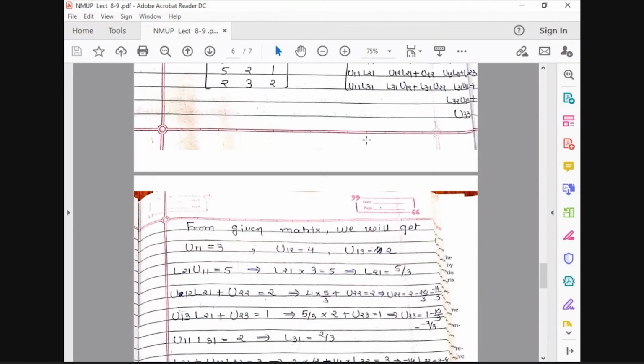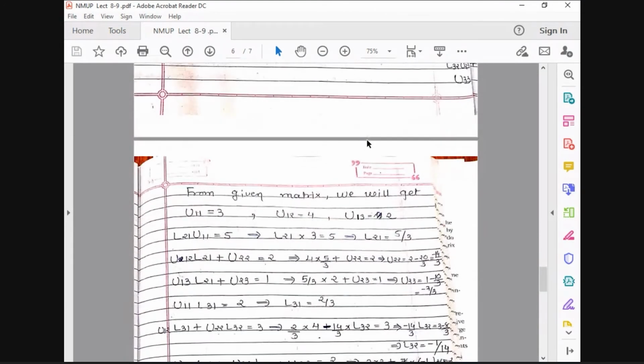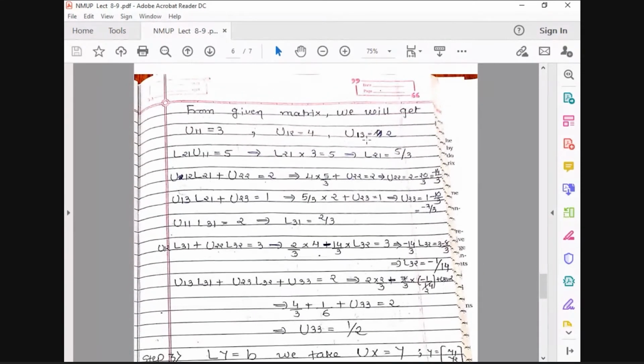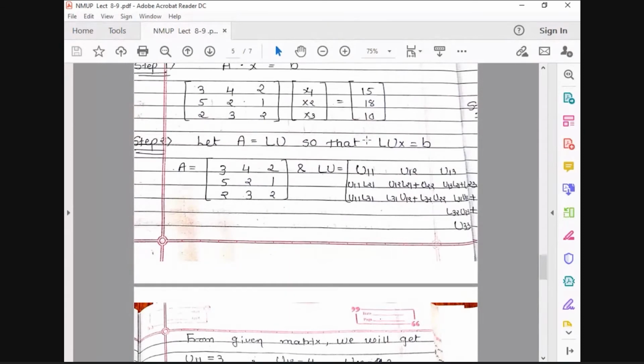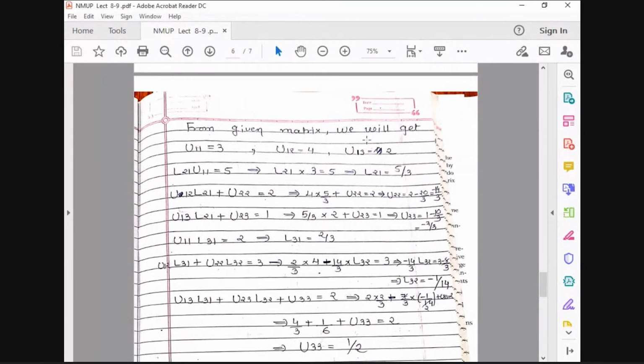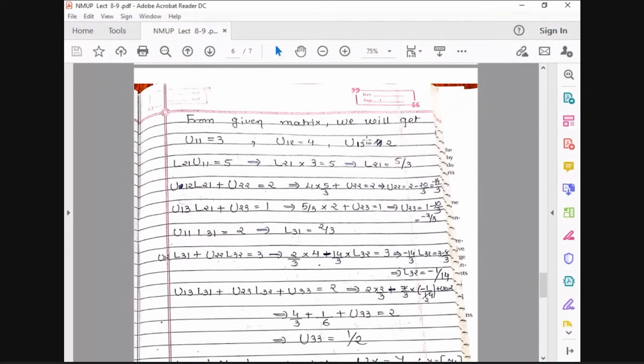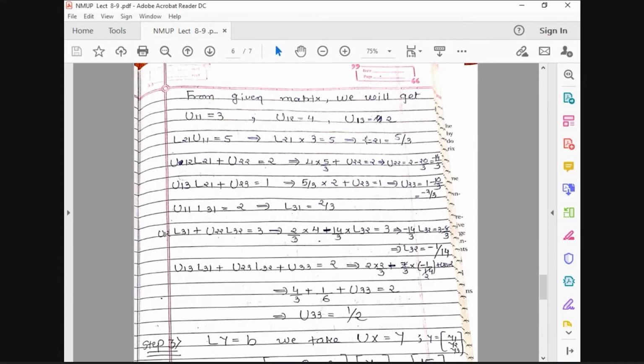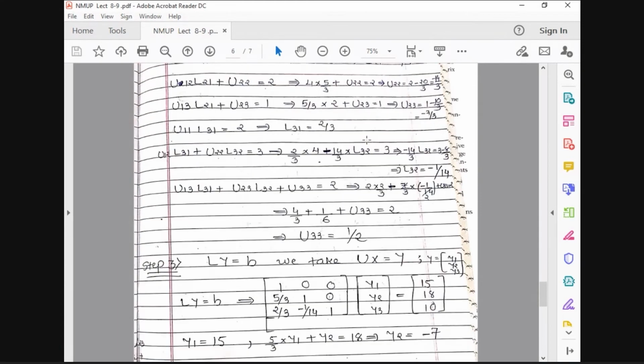By doing all those things, I'm able to calculate the values of each and every variable in L and U. So the value of U11 is equal to 3, U12 is equal to 4, U13 is equal to 2. Then I substituted all these available values in different equations, and I got all the values of the lower triangular matrix and the upper triangular matrix, right?